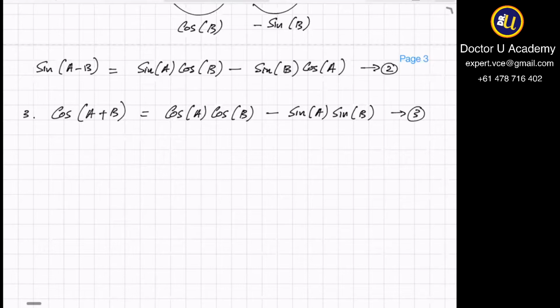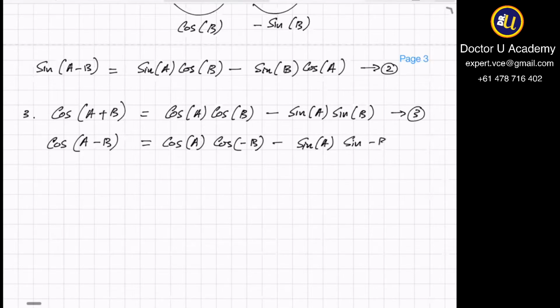Now when it comes to cosine A minus B, this would be cosine A cosine minus B minus sine A sine minus B. So if you have sine minus B, this is going to be minus sine B because it's an odd function.